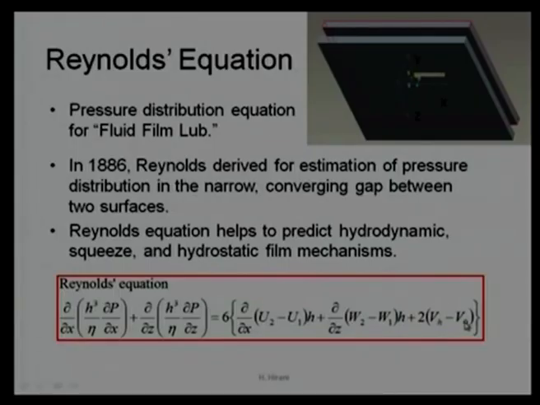We understand the Reynolds equation, but many times we wonder how this equation was derived and what assumptions were considered when Reynolds developed this equation.